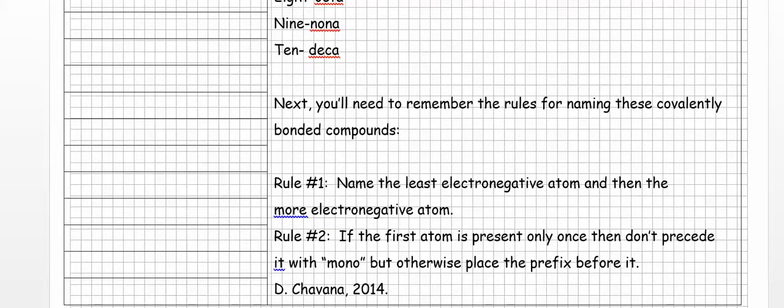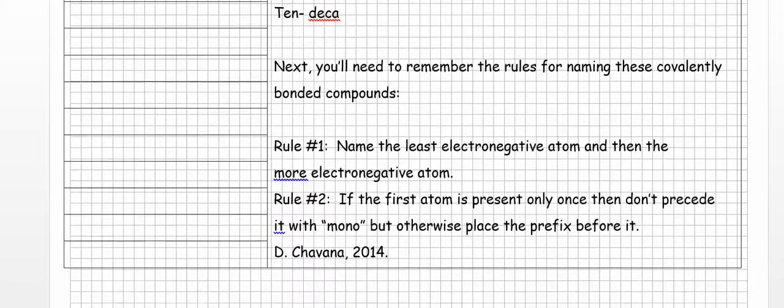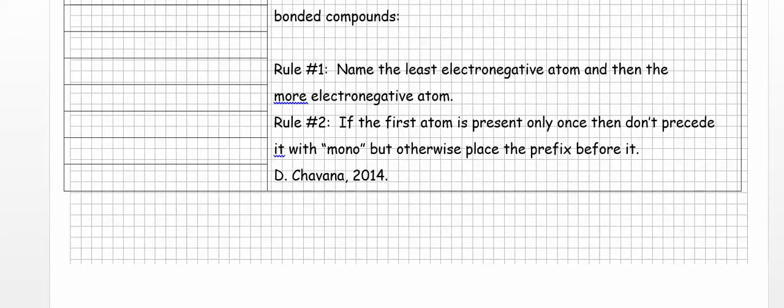So now we're going to need to know a few rules for naming these covalently bonded compounds. So let's take them one at a time. Let's take a look at this first rule. Rule number 1, name the least electronegative atom first and then the more electronegative atom, okay?